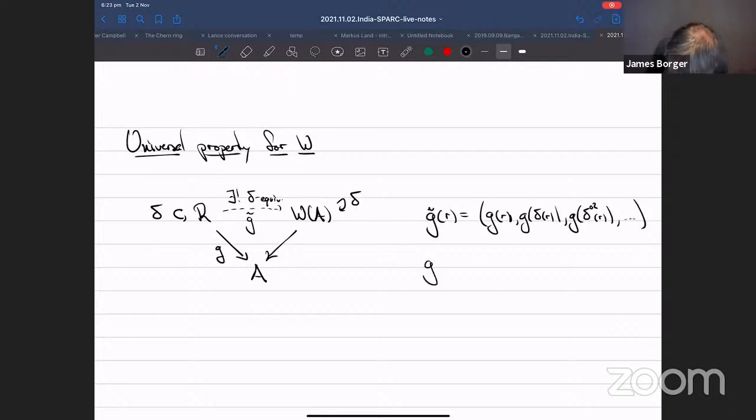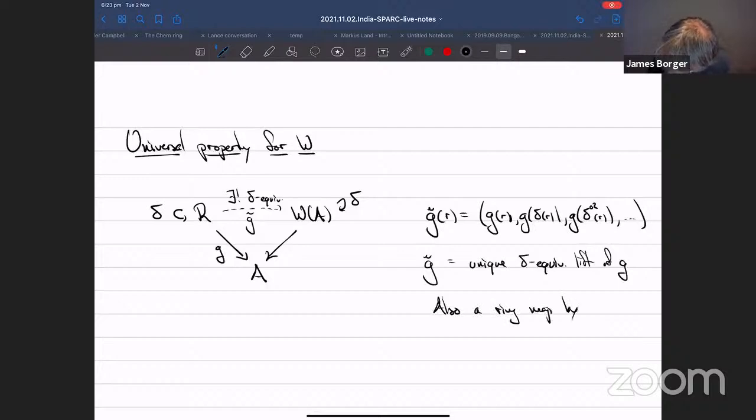So G tilde is, as before, the unique delta equivariant lift of G, and it's also a ring map by construction of the ring structure on W of A. The ring structure was constructed exactly to make that map delta equivariant.